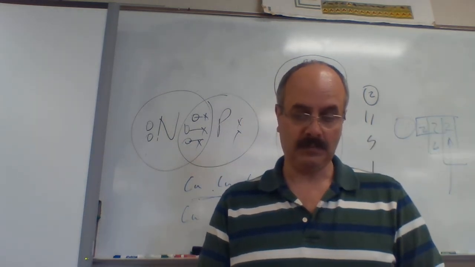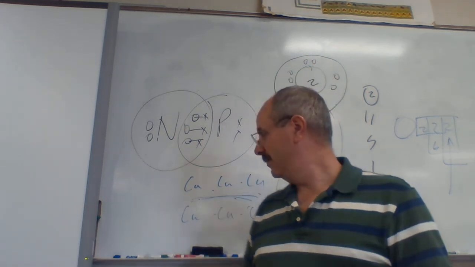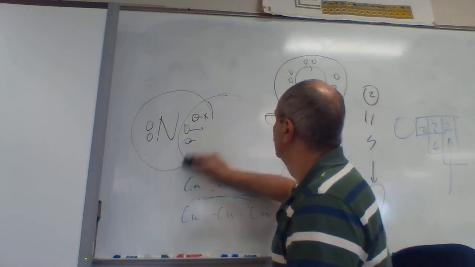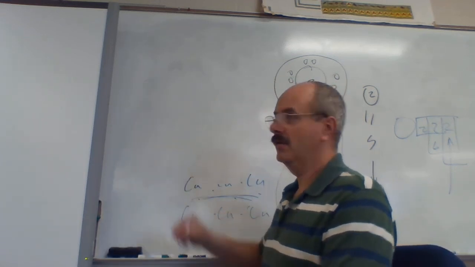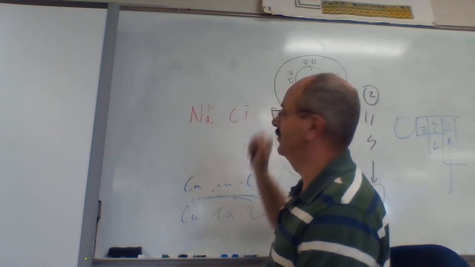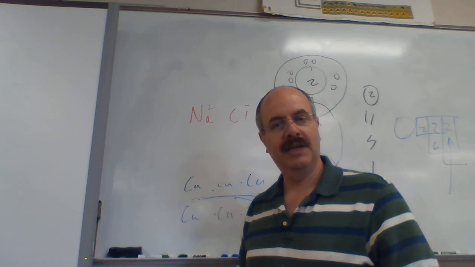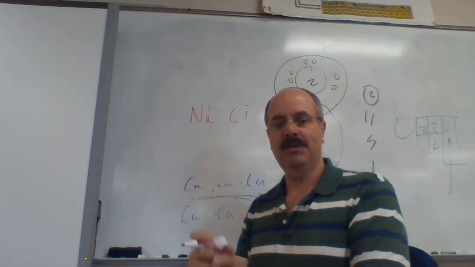All right. Coordination number. Coordination number was when we did the sodium chloride. And remember we said that sodium chloride is really not Na and Cl, where this is positive and this is negative. I know that's what I taught you, but it's a little bit different now as we go deeper into chemistry.